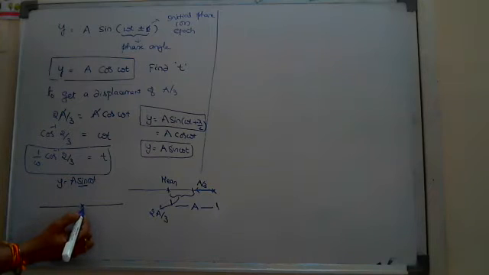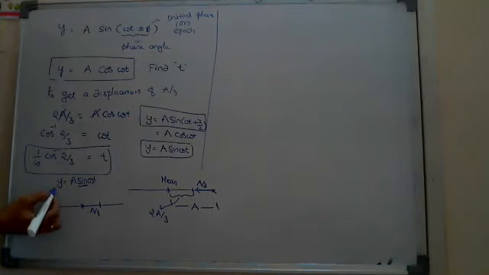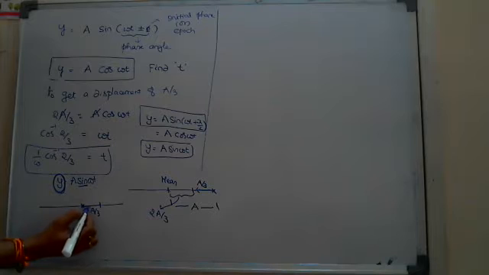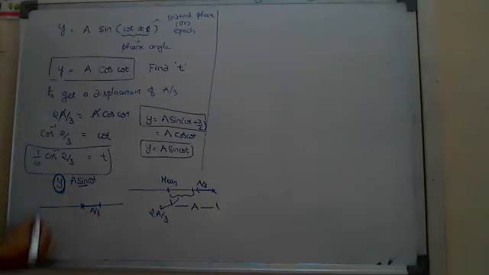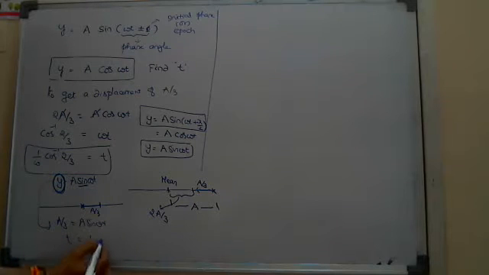It started from the mean position and the displacement is a by 3, whereas in the equation y, we have to measure from the mean position. From the mean position also the value of y is a by 3. So directly you can substitute a by 3 equal to a sin omega t, and the answer is t equal to 1 by omega into sin inverse 1 by 3.